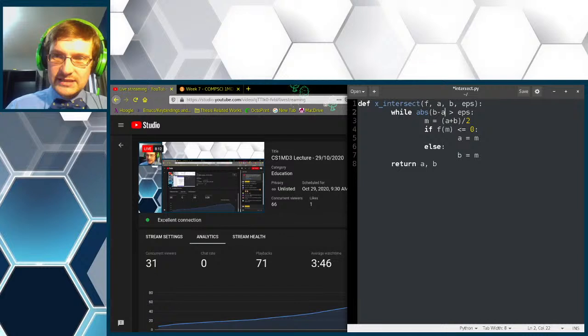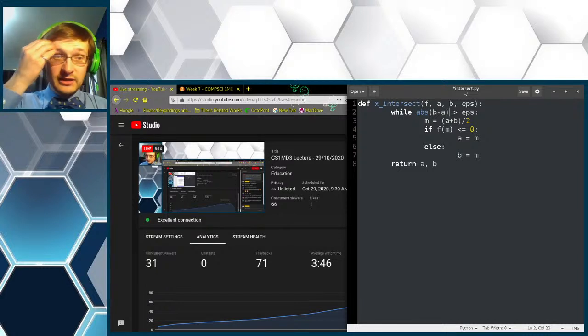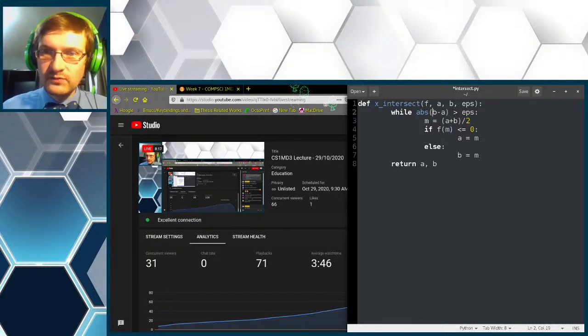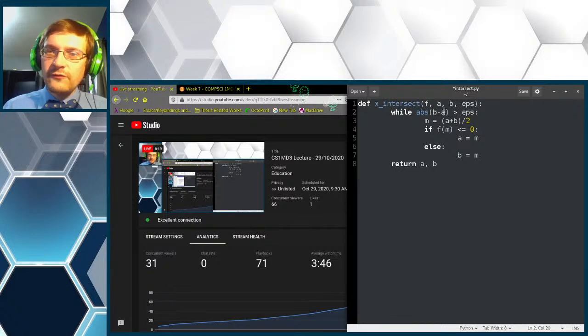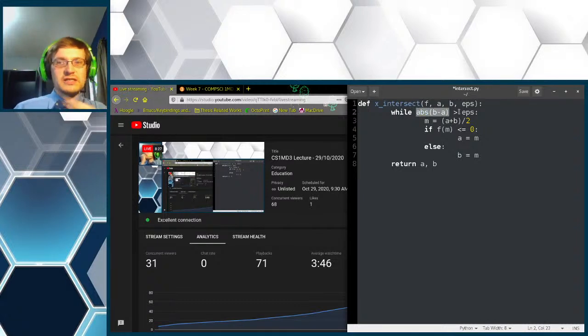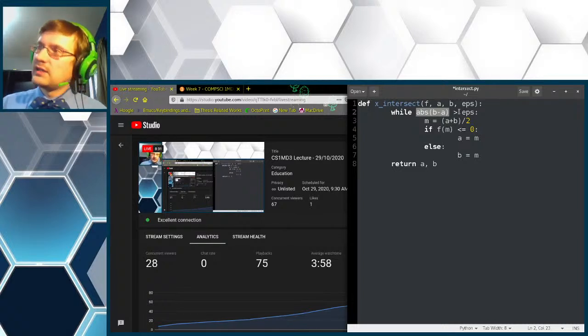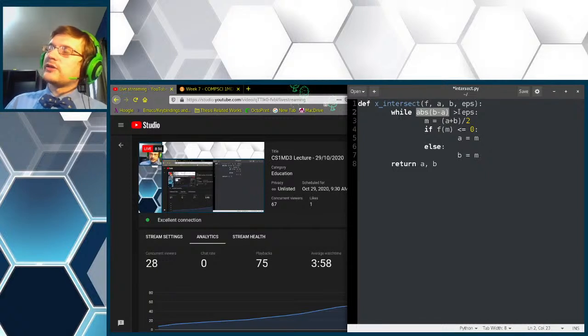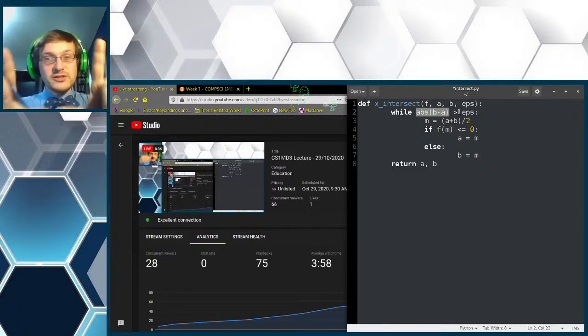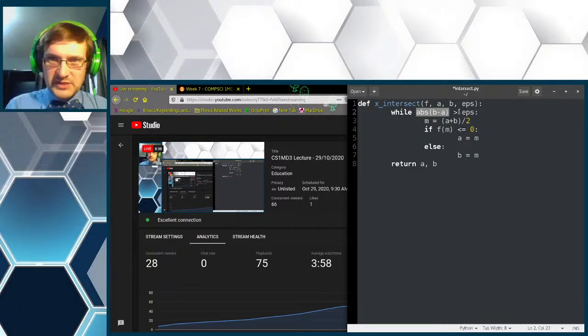Ordinarily, it's a good idea to take the absolute value when you're creating a loop condition such as this, because if a ends up being greater than b somehow, if this is negative, then that's always going to be less than epsilon, or, like, you're no longer testing for the magnitude of the thing being inside of that epsilon. Negative numbers can mess that up quite substantially.